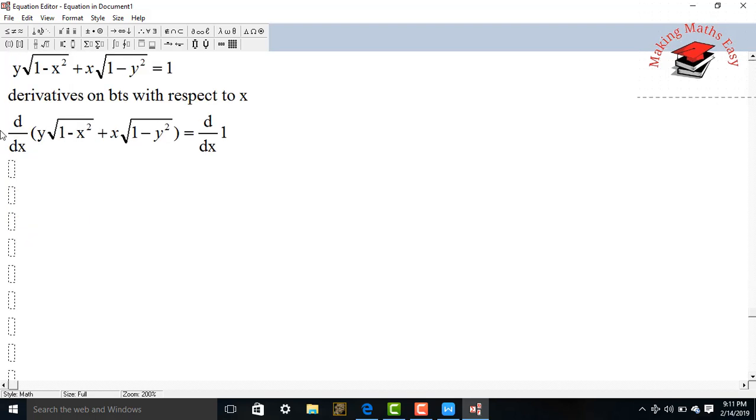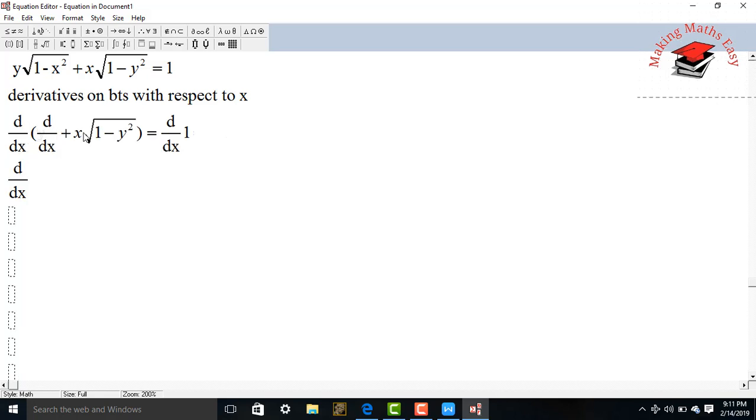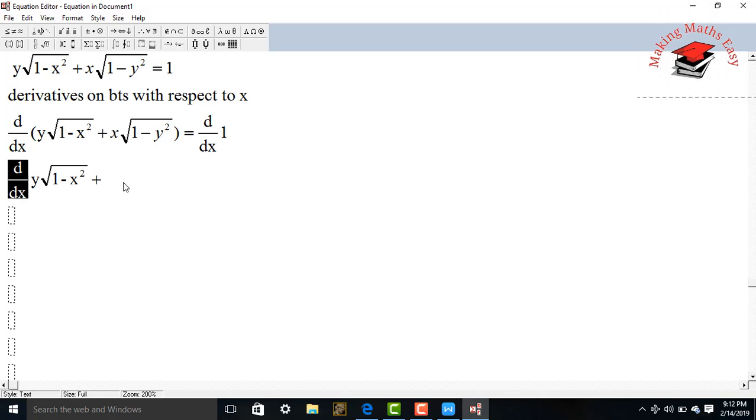Now we have d upon d of x of y into the square root of 1 minus x square, plus d upon d of x of x into the square root of 1 minus y square, which is equal to 0 ultimately, because the derivative of a constant number is always 0.